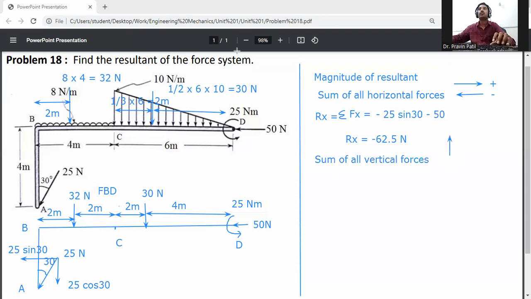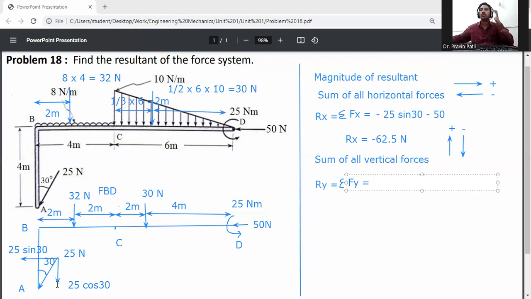When the direction of force is downward, then it will be taken as negative. Okay. So Ry is equal to summation of Fy.